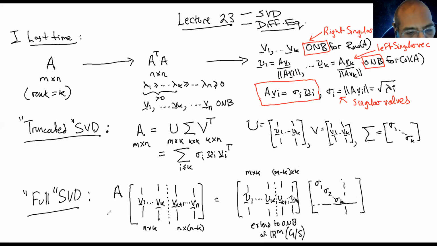Because this is m by n. So m by n times n by n has to equal m by m times, this thing better also be m by n, for this to make sense. But now what goes here? Well, just 0, right? Why? So why is there going to be a 0 all through here? Can anybody explain?